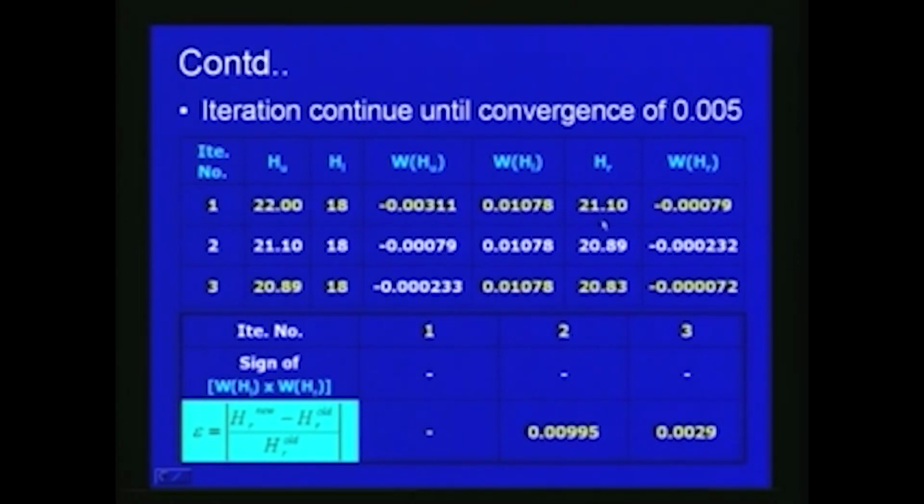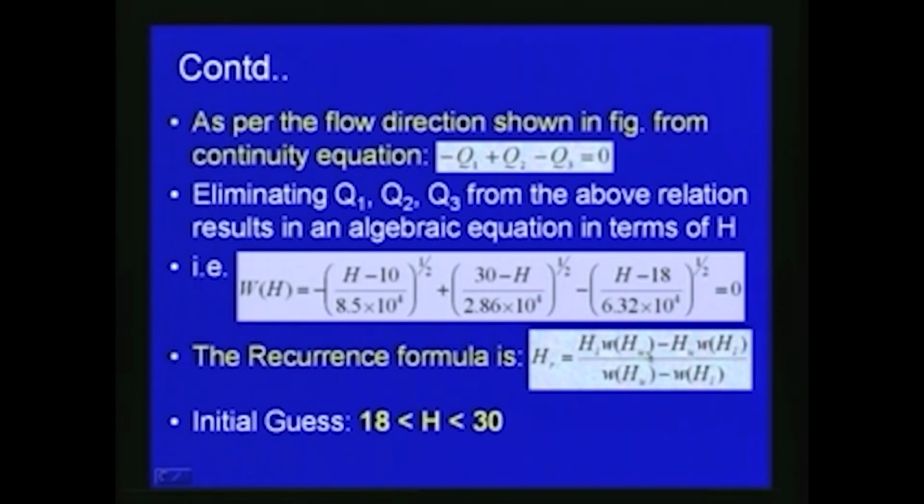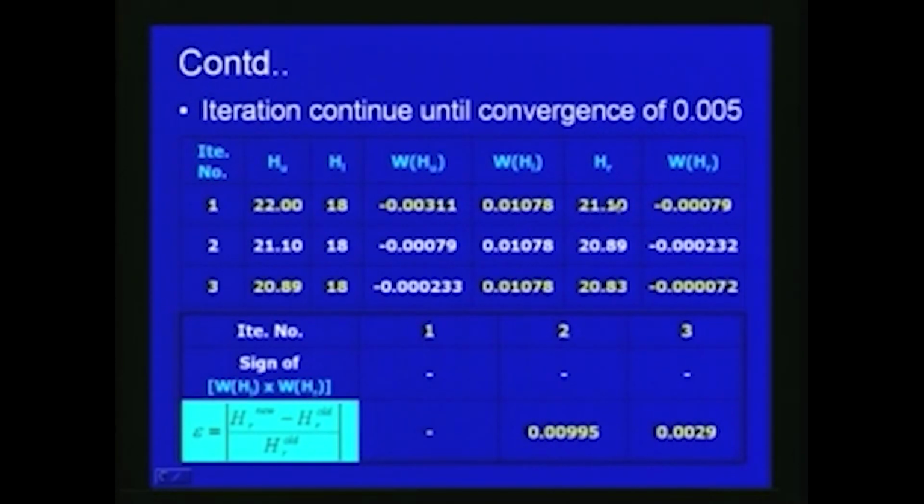Then by solving this equation we get HR as 21.1 and W(HR) will be minus 0.00079. Since W(HL) is positive and W(HR) is negative, we get this as negative, corresponding to iteration number 1. We are not calculating epsilon since it is the first iteration.